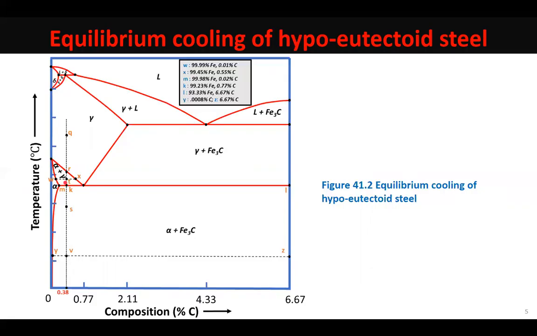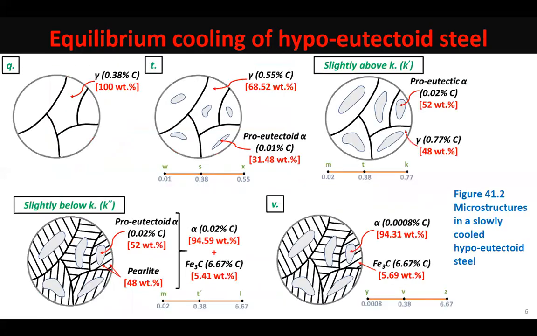At this temperature, slightly above the eutectoid temperature, it's always important to show the microstructure, because we should know what is the amount of austenite which would now actually transform to pearlite through the eutectoid reaction. So slightly above the eutectoid temperature at point K, we have pro-eutectoid ferrite, and this is of maximum carbon. Students, another very interesting fact. This is now 52%, and austenite is 48%. And this is how I've picked up the chemical composition.